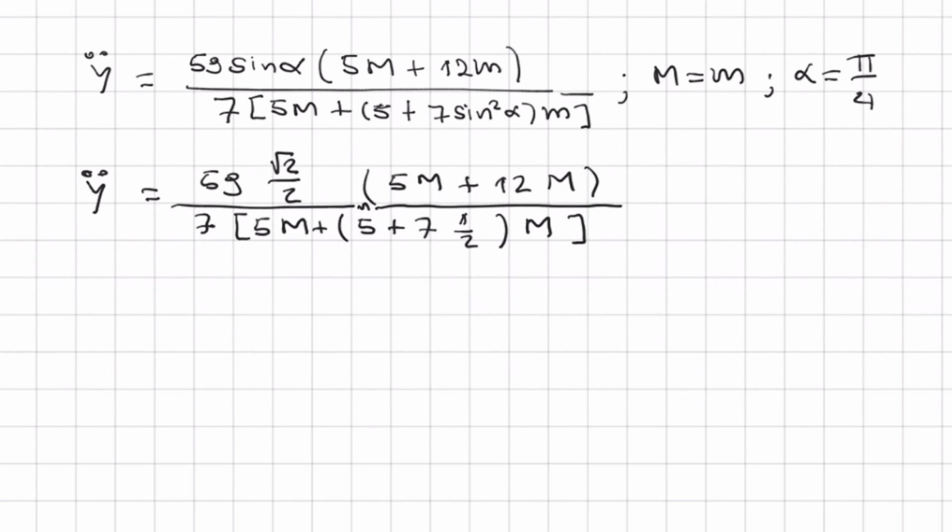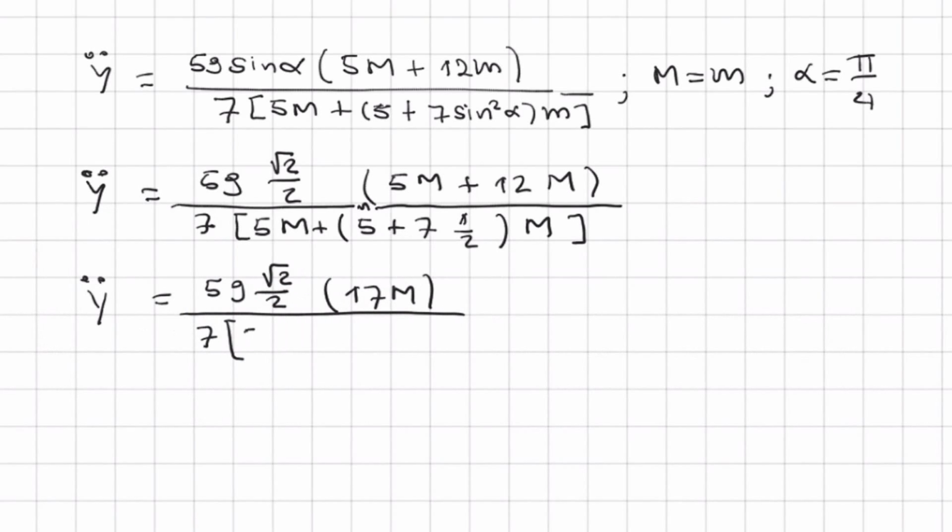Then y2 dots is equal to 5g root square of 2 dividing 2, 17m dividing 7, here is 5m, plus, inside the parentheses is 5, and the fraction is 10 plus 7 dividing 2, multiplying the mass.